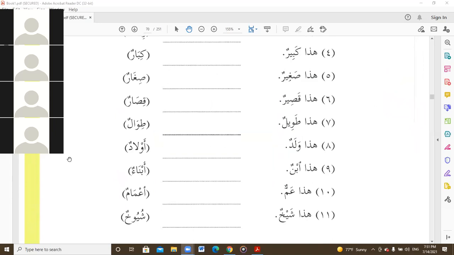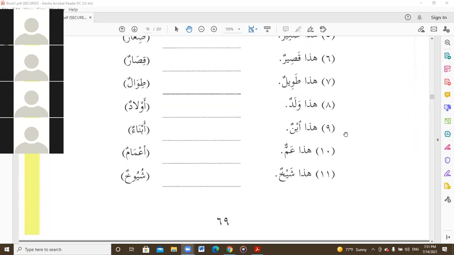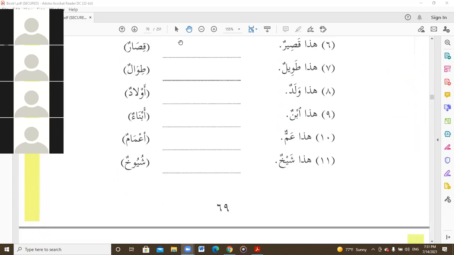Next up, Sister Khawla, can we have you do number 9? Yes, sure. Number 9 هذا ابن هؤلاء أبناء. Fantastic. And I'm going to just nitpick you here by saying that this hamzatul wasl must be elided. It must be skipped over.